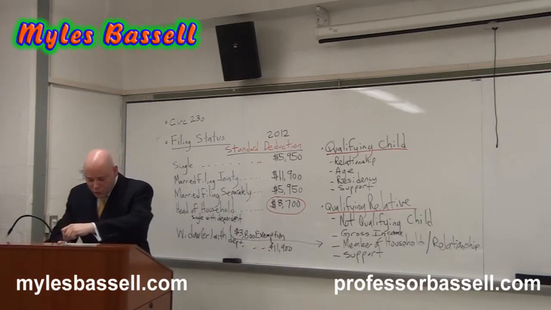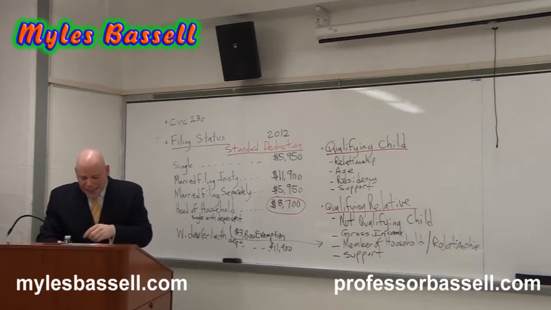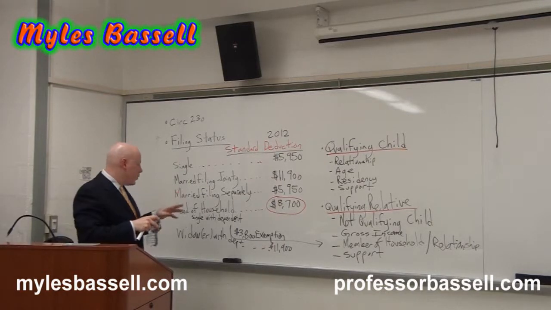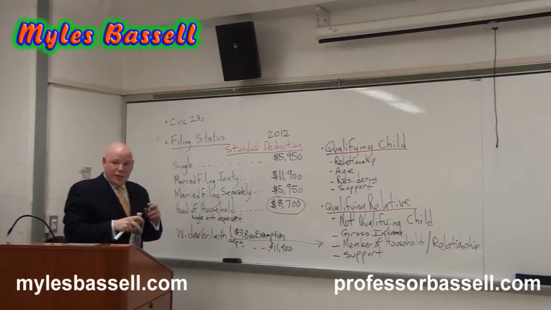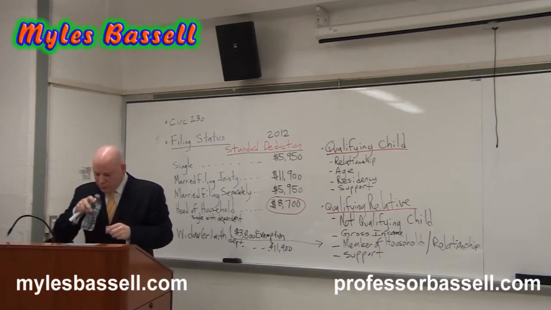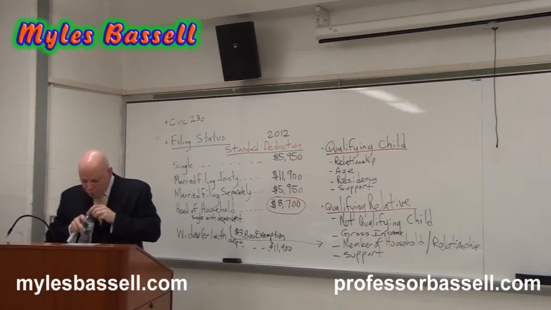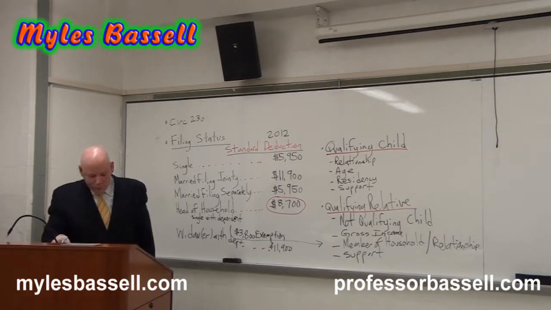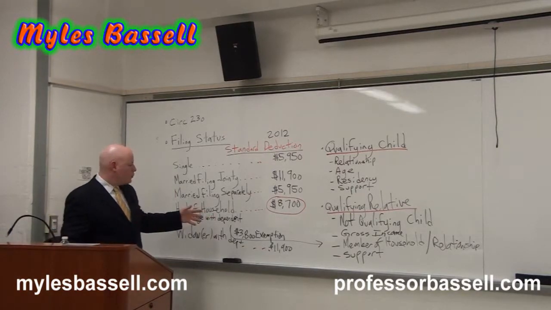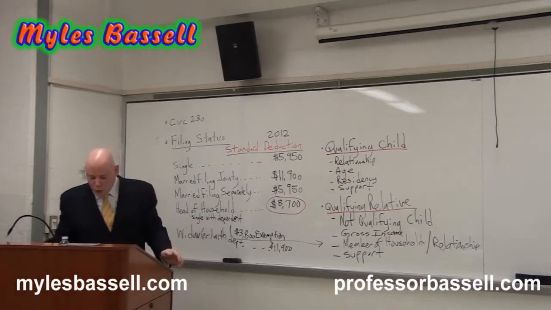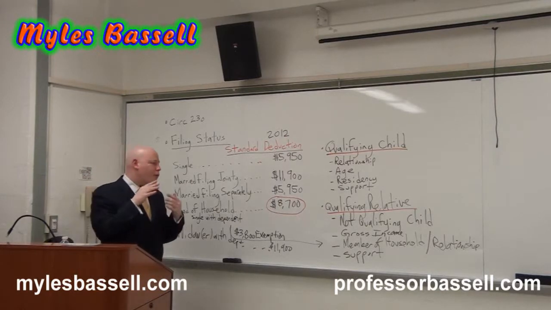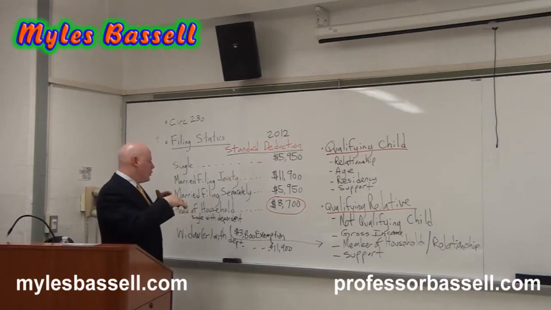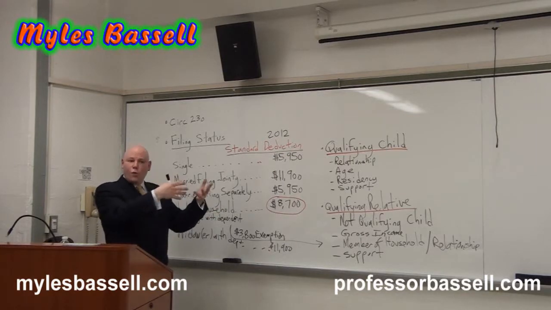Okay, so what else? As of the last day of the year, you are either unmarried or never married. So if your divorce decree went through by the end of the year, then you might be eligible for head of household. You paid more than half of the cost to upkeep your home, your household.